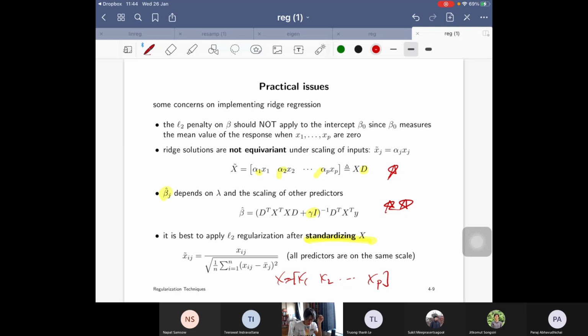Yes, the common one is to remove the mean for each column. Each column means each variable, each predictor.